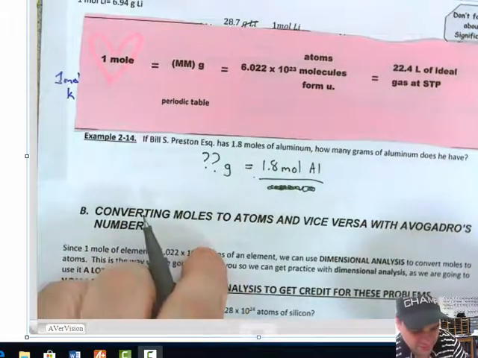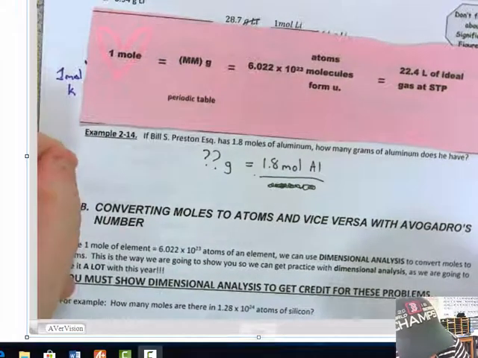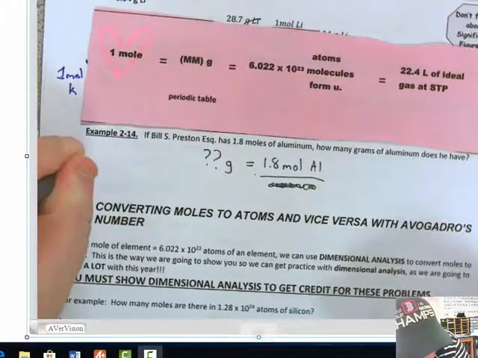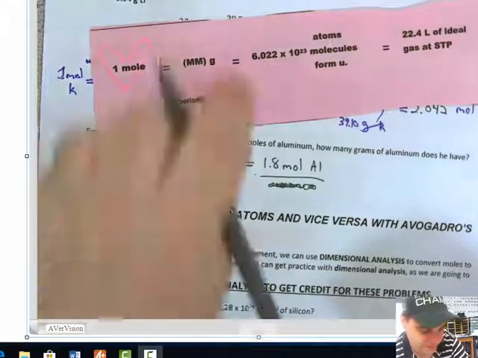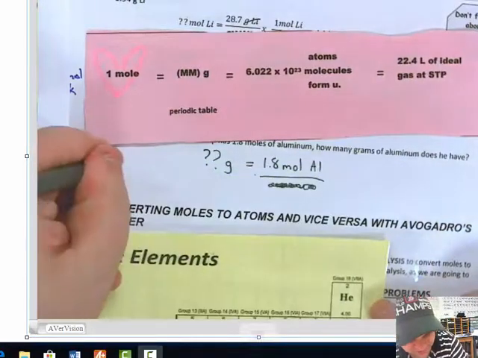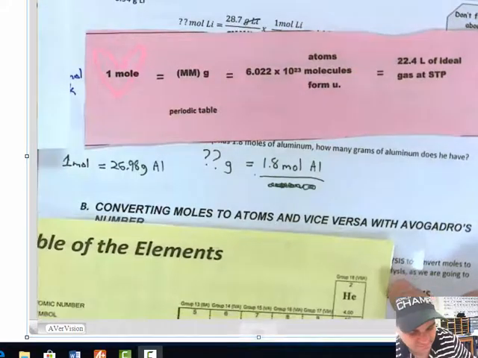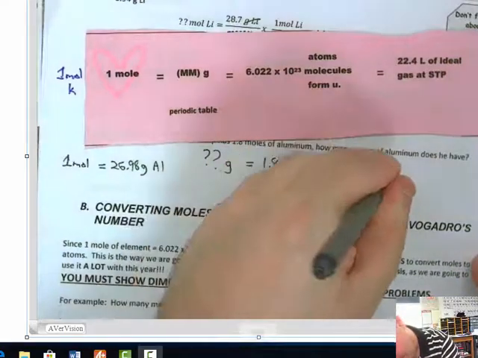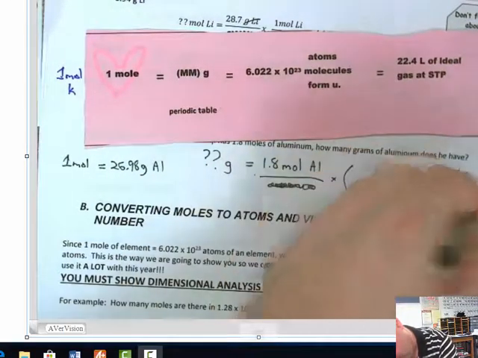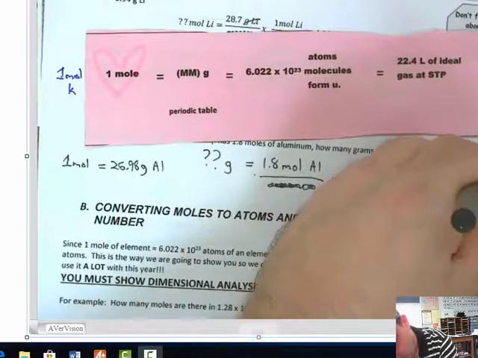So we have to use 1 mole in our conversion factor, and we have to use the molar mass in grams, so we have to look that up on the periodic table. Aluminum is 26.98 grams of Al. And that is the only step we're going to need. Moles going to grams.